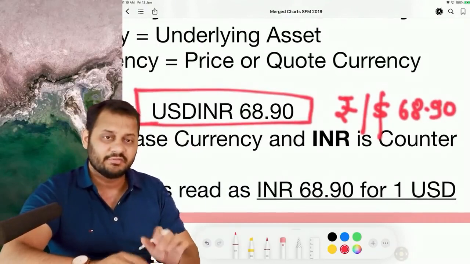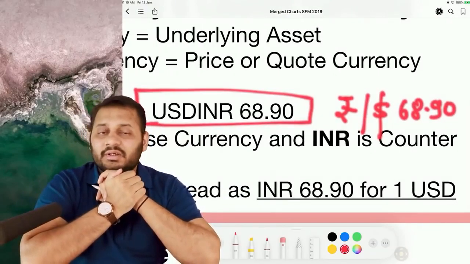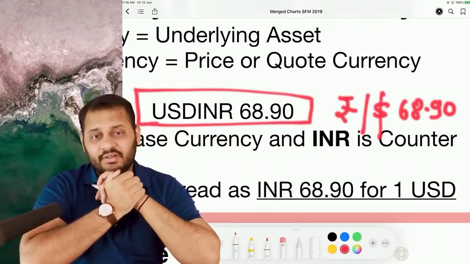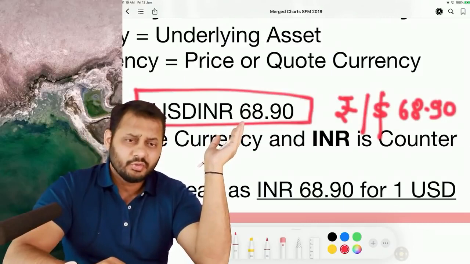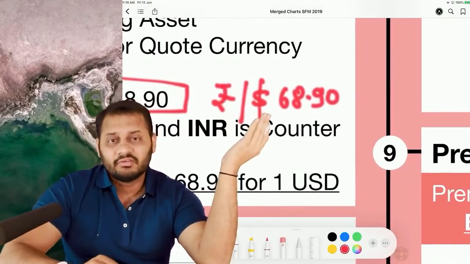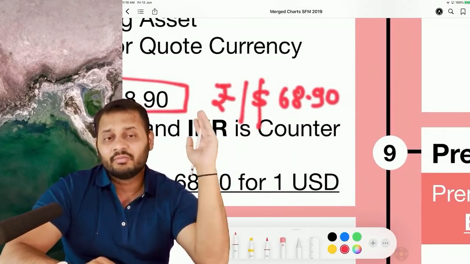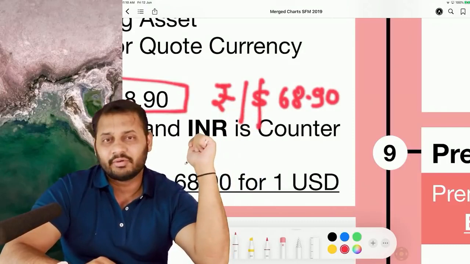So understand the difference between these two. Both have the same meaning, but the way we interpret is different. The standardized ISO code is read from right to left, whereas the symbolic form has to be read from left to right. So this is rupees per dollar 68.90.